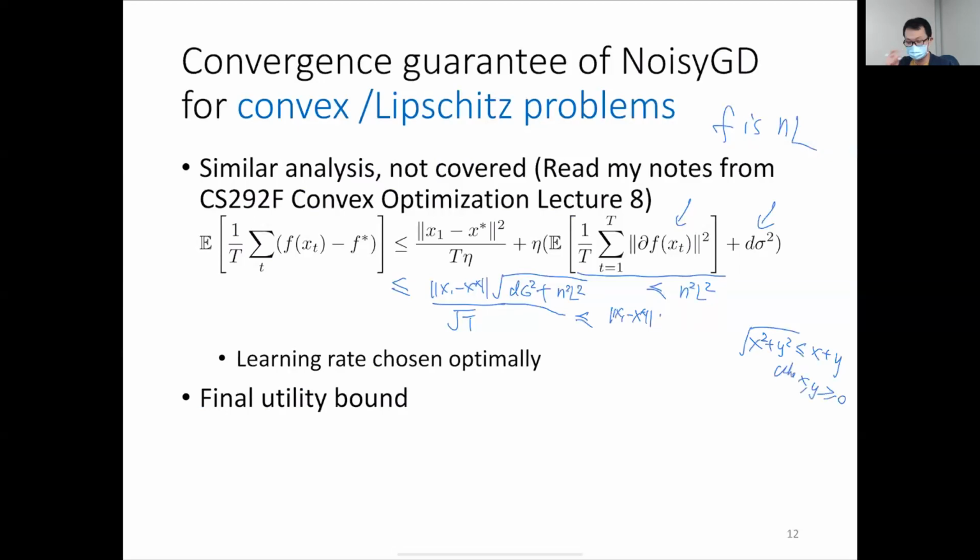You always have this inequality. By applying this, we can simplify this bound a little bit further into n L over square root of t plus square root of d sigma square over t.